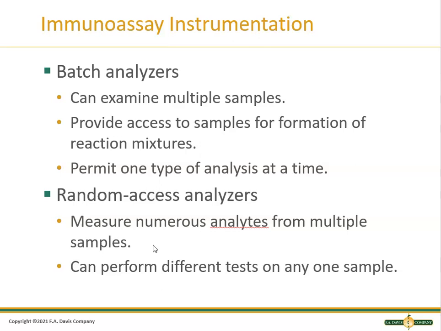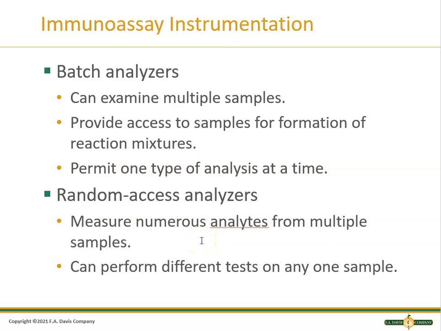In this chapter, this is sort of thrown in here, but it's just so you'll know what a batch analyzer is as opposed to a random access analyzer, because this is basically any kind of chemistry analyzer also. So batch analyzers can examine multiple samples, but it's only like all the glucoses and then all the BUNs, that kind of deal. A random access analyzer can do multiple things.